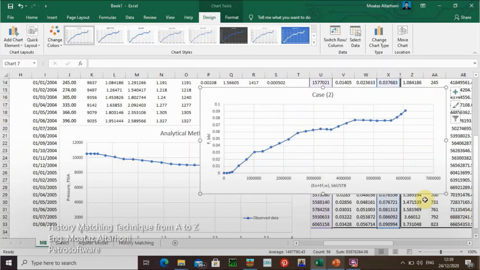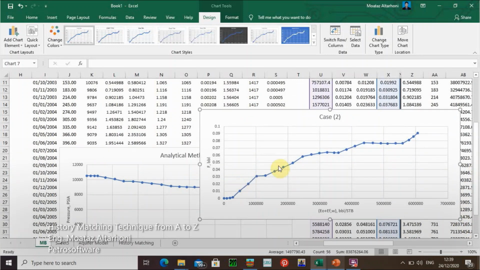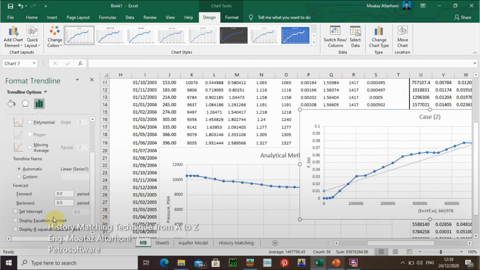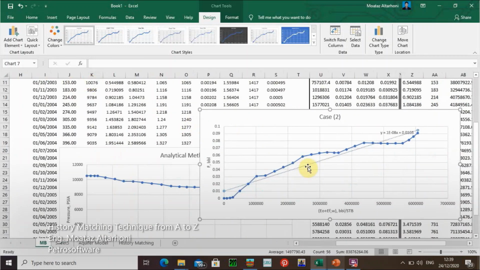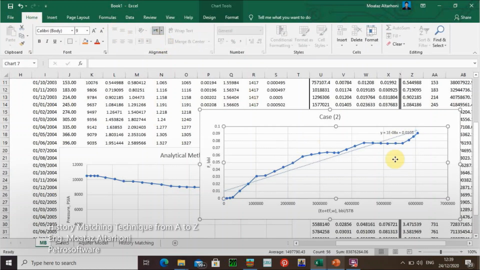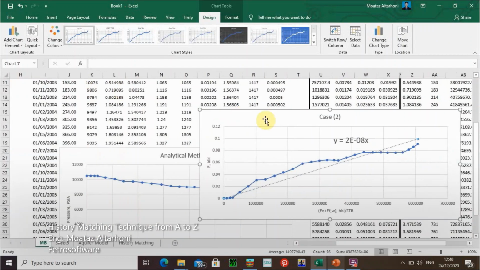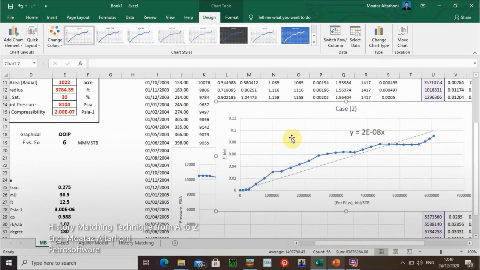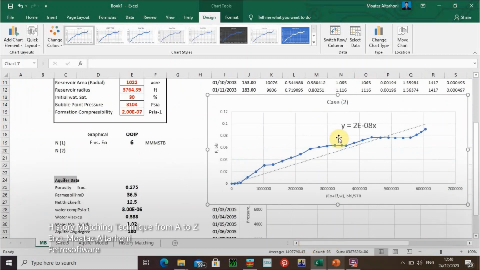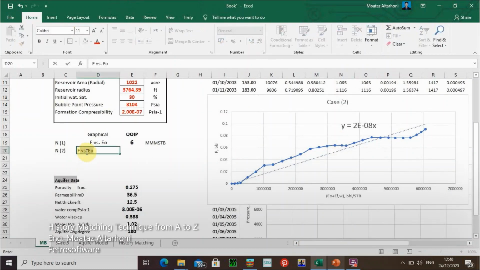Okay, now the same behavior we can see here as in the first case, but I am looking for the value of original oil in place. Of course the value is changed, and that's the relation of F plus.